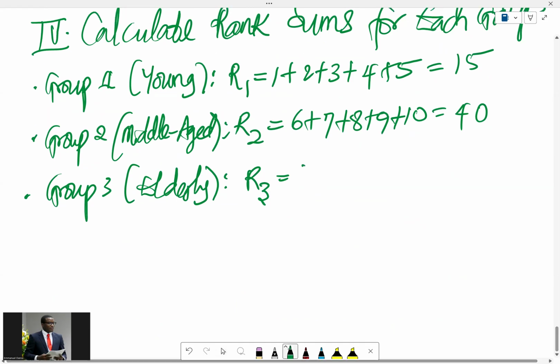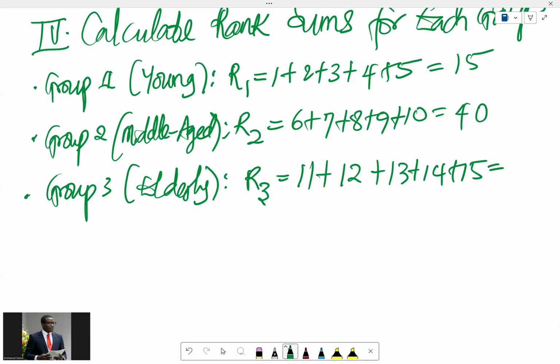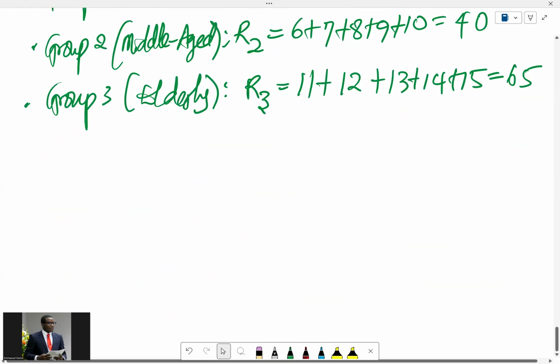So we have 11 plus 12 plus 13 plus 14 plus 15, and that is equal to 65 for the third group. So that's the fourth step.